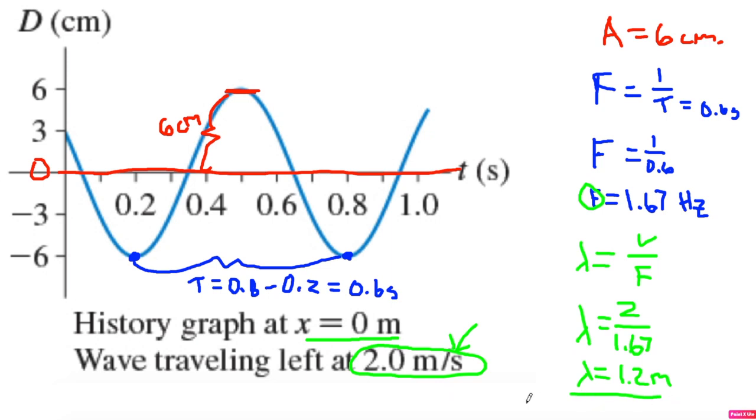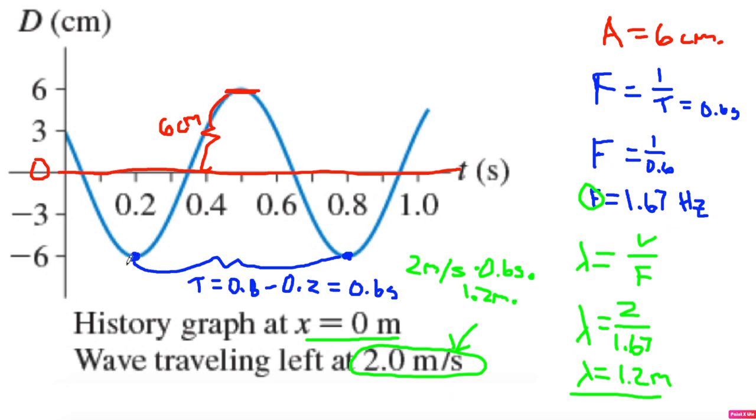And this makes logical sense, because we know that it takes one point on the graph 0.6 seconds to completely oscillate back to where it began, right here. And we know that the wave is traveling left at 2 meters per second. So in order to find how long the wavelength is, we could also just multiply 2 meters per second by 0.6 seconds, which is going to give us the total distance, which is 1.2 meters.